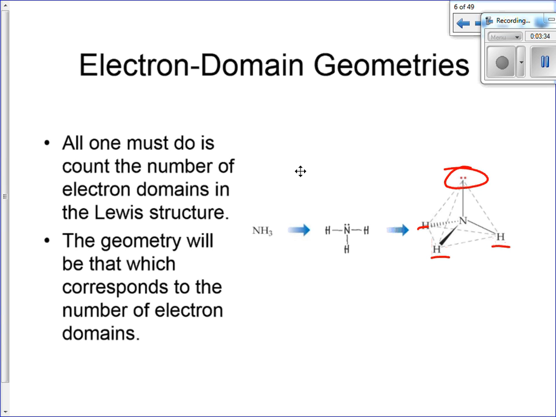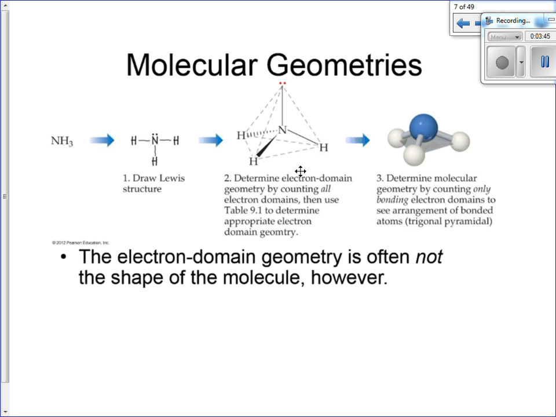It's in the tetrahedral domain, but its shape is pyramidal, which we'll get to, okay? So the domain and the shape don't necessarily have to agree. Once again, even though this one is under the tetrahedral domain, it does show a pyramidal shape.